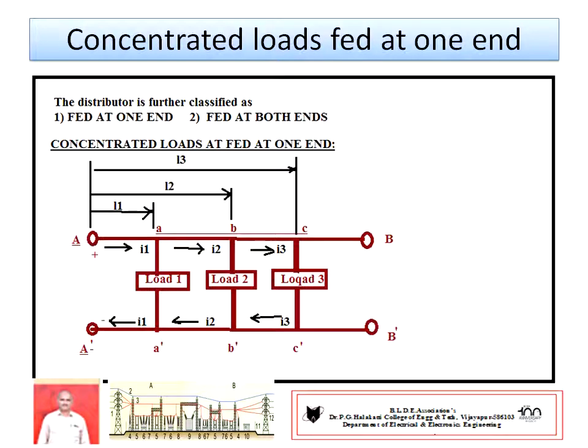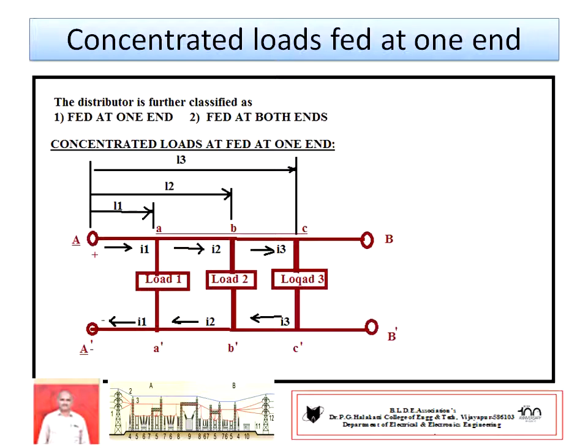Suppose A to B is a line, then the sections have suitable lengths L1, L2, L3 from the point A. Let I1, I2, I3 be the currents for the sections.